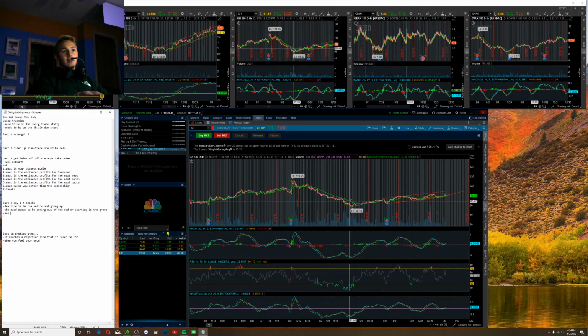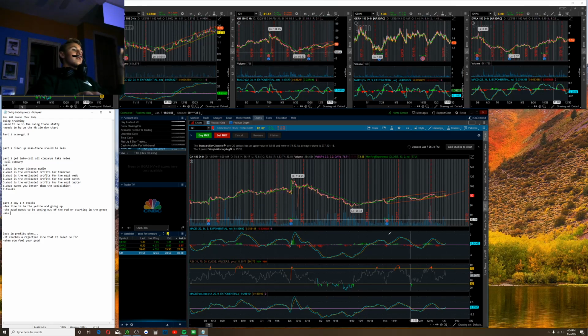I made a video on how to get that. So it basically has to be trading above the green line, and it just did right now. And it also has to be angled up, which it is. And so that's good.